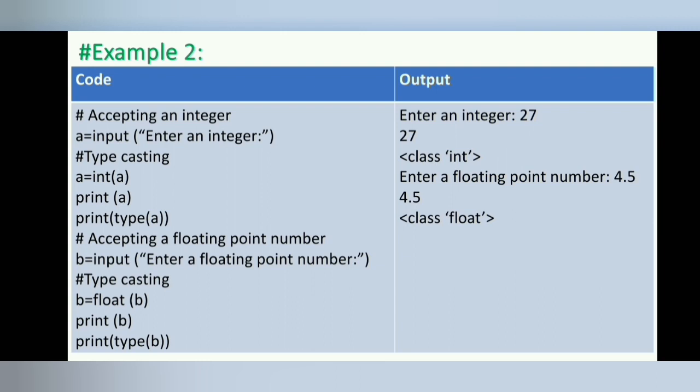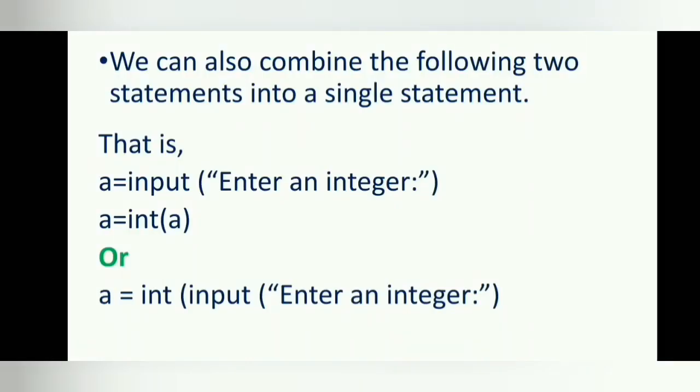So the input function always returns a string even if the user enters a number. If the user wants to take input as another data type such as int or float, we have to use typecasting. We can also combine the following two statements into a single statement.